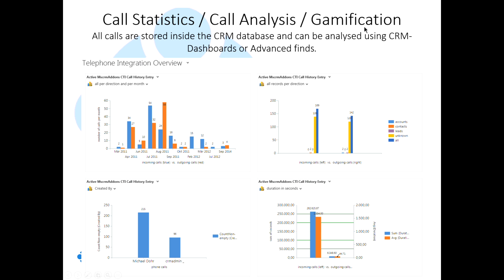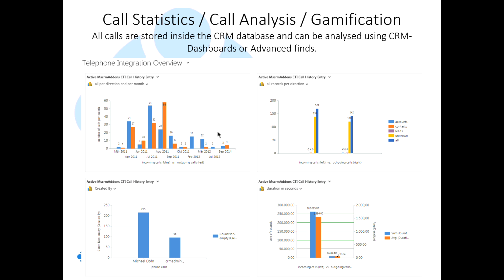Call statistics, call analysis, and gamification. All the information that you can gather from the telephone integration client is stored on the server. So you can take that information and use it. We do have a couple of built-in items that come with the telephone integration piece.